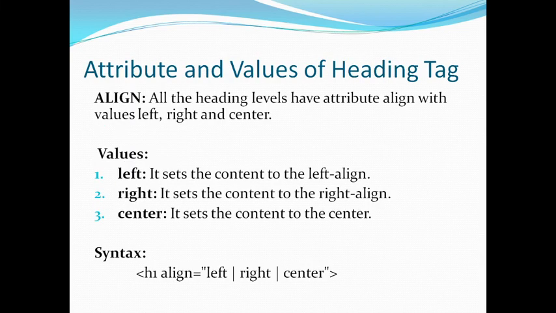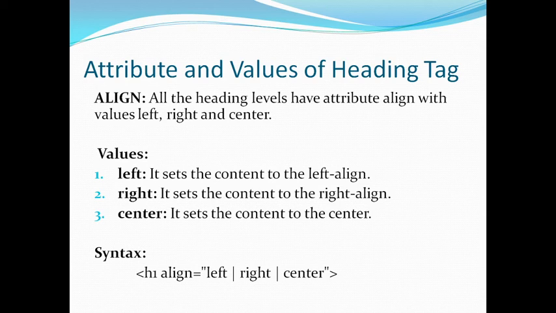Okay, next, attributes and values of heading tags. There is only one attribute with all the heading labels, that is align. All the heading labels have the attribute align with these values: left, right and center. Left sets the content to the left align.